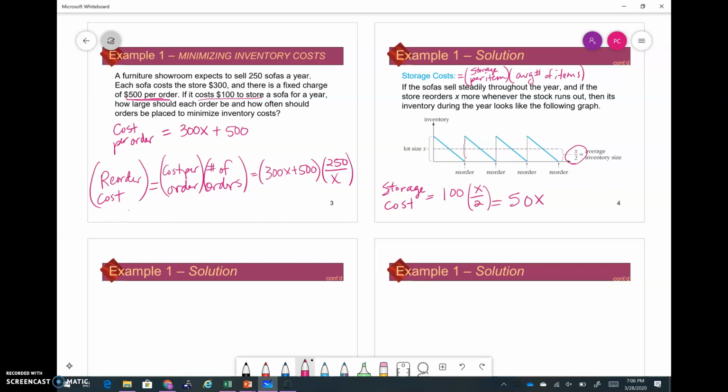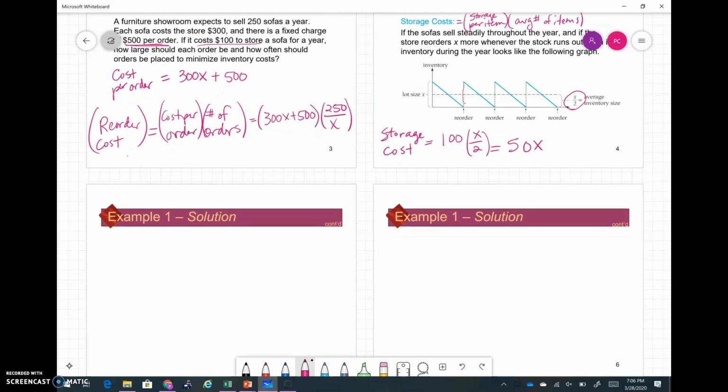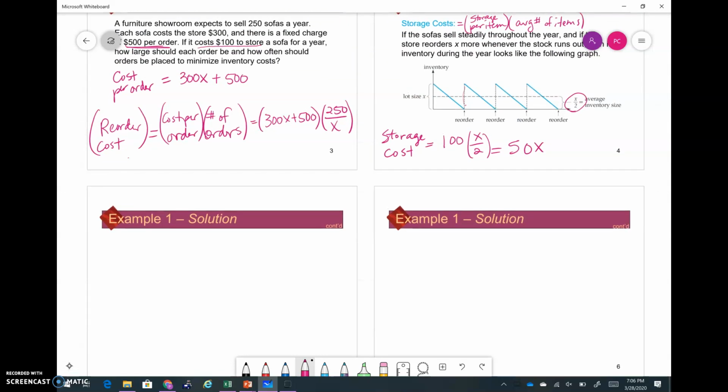I'm going to leave it alone for now. We'll use it later on in the equation. All right, so our total cost, our C of x function, would be the storage cost plus the reorder cost.